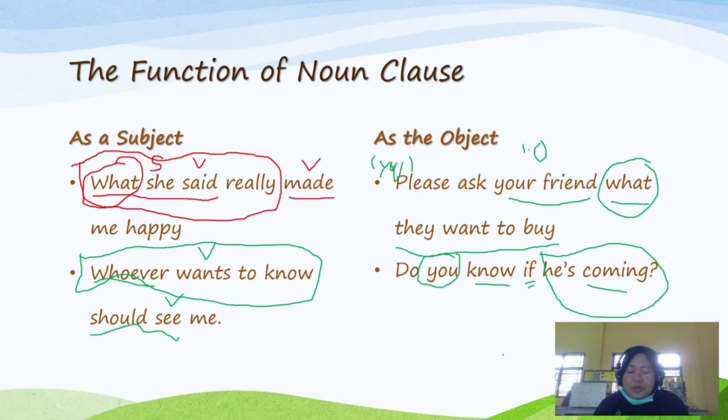Yeah, what do we want to know? We want to know whether or if he's coming to our event or invitation or not. So we can see that he's coming is the object of the sentence. You get my point so far?